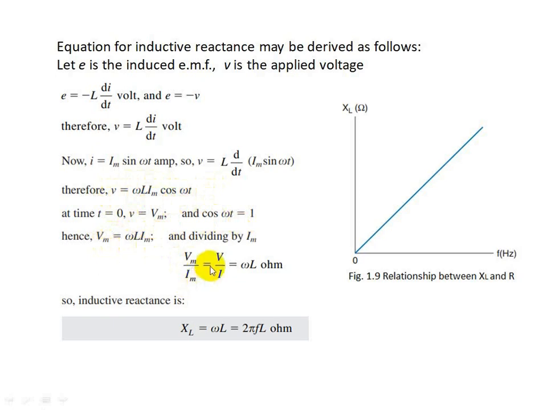This will also be equal to Vrms divided by Irms. So this will be equal to omega into L, and its unit is ohms. Therefore, this is denoted as XL. XL is inductive reactance. It is omega L, which is nothing but 2 pi f L, since omega is 2 pi f. Here you can see the relationship between XL and the frequency. It varies linearly with frequency. Since it is frequency dependent, XL increases with frequency.